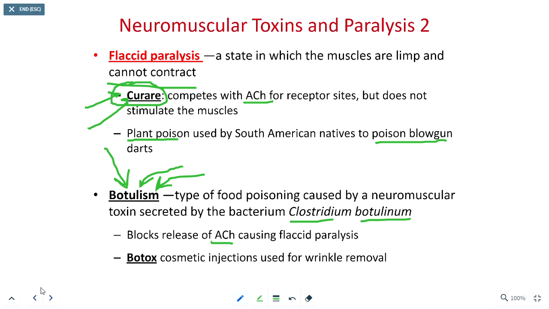And we found that if we dilute this botulism toxin, we can inject it and cause people to have reduced wrinkles. Diluted botulism toxin is referred to as Botox. And typically it'll be injected around the eyes, around the eyebrows, to reduce the amount of wrinkles that we have visible on our face. That's all we have for this recording.